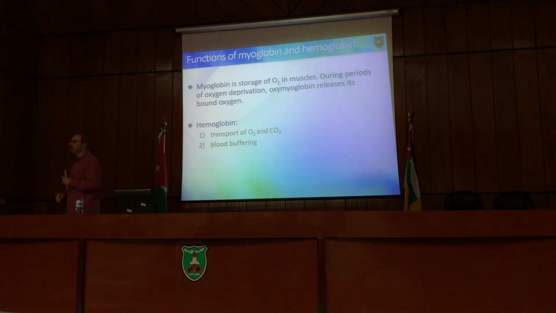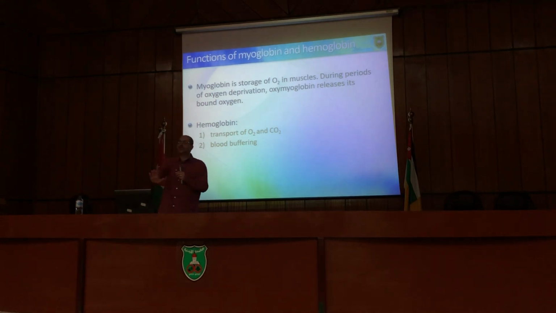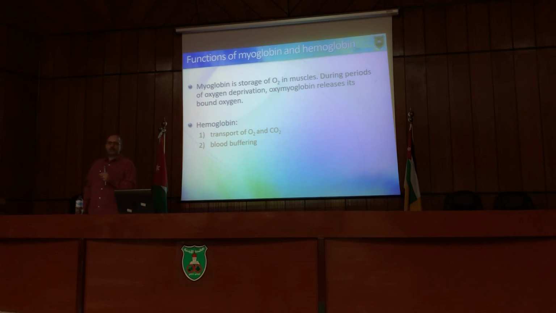For myoglobin, from the name, myo means muscle. So the purpose of myoglobin is to bind oxygen and store it, so that oxygen is released only in cases of emergency, which are what? Hypoxic conditions. That is when there is low level of oxygen in muscle tissues.